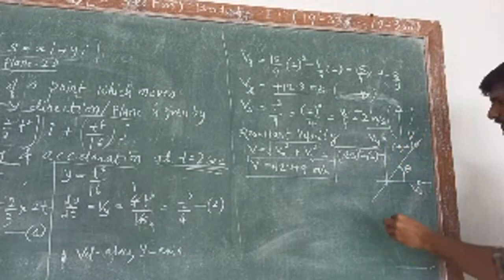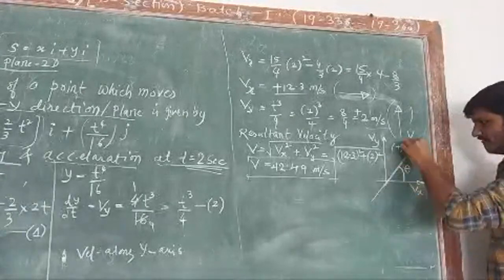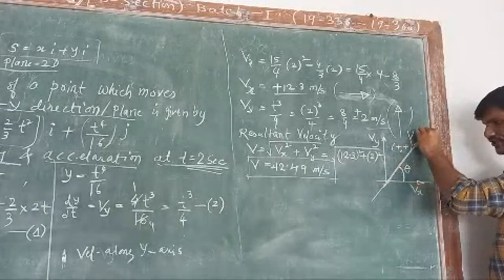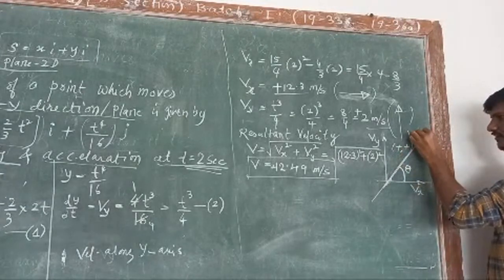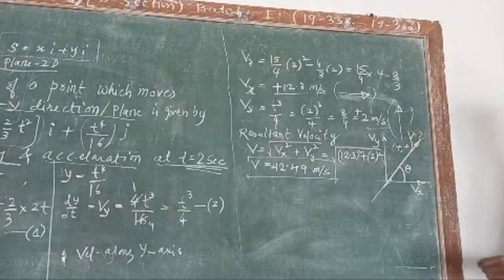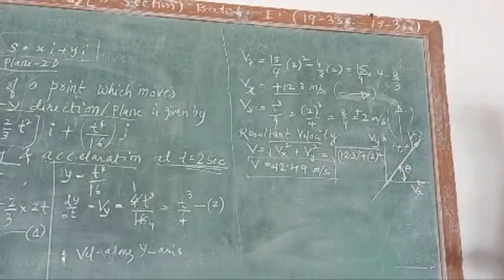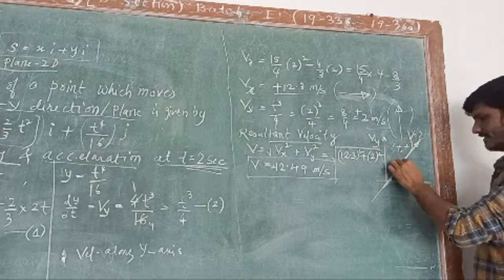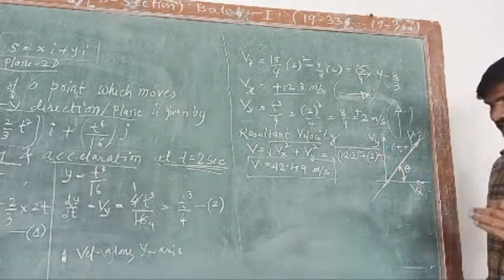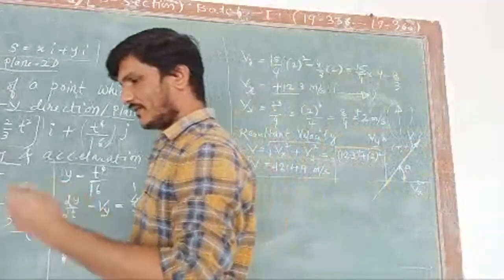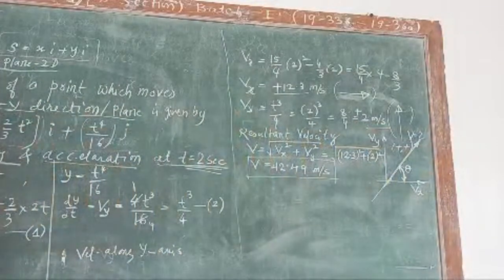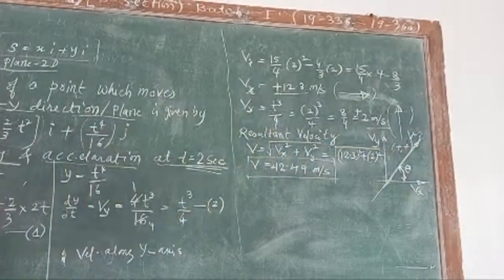Okay, so now initially we assumed that the velocity is moving in this direction, but after knowing the magnitude of the velocity, you need to calculate at what angle the resultant velocity is moving. This angle will define the exact location of the velocity vector.